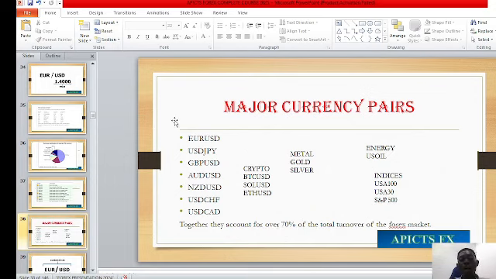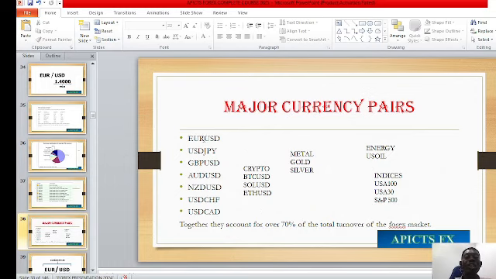And what does that mean? Yesterday I was telling you that the forex market has a turnover of over 9.6 trillion US dollars every 24 hours. It therefore means that these 7 account for 70%, which is about 6.72 trillion every day within 24 hours.